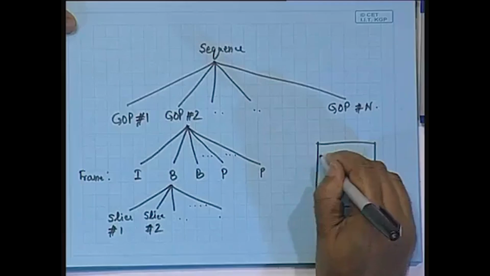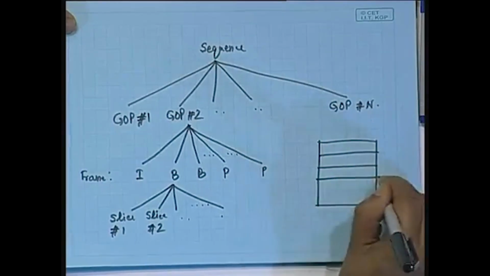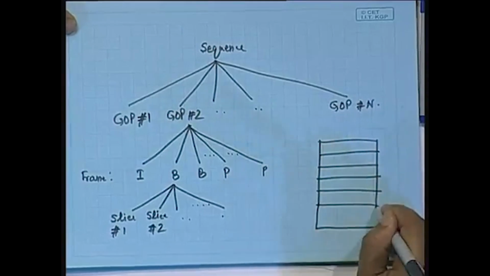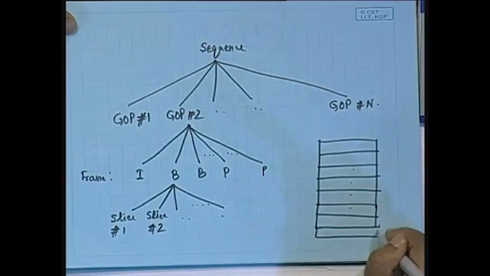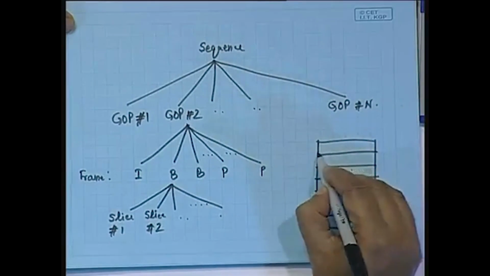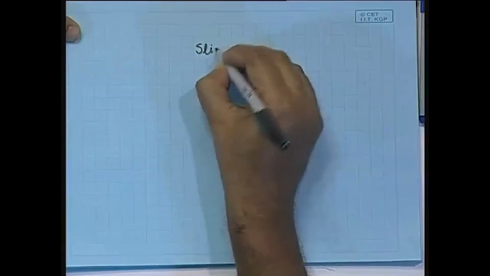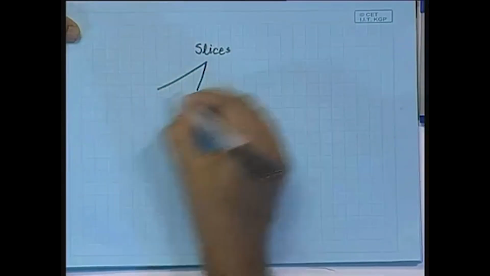For example, this frame can be divided into 8 slices. Slices are sub-parts of frames, for which a specific data structure is defined.